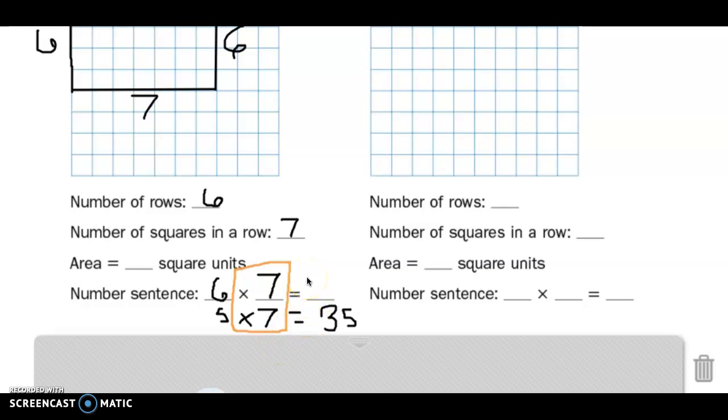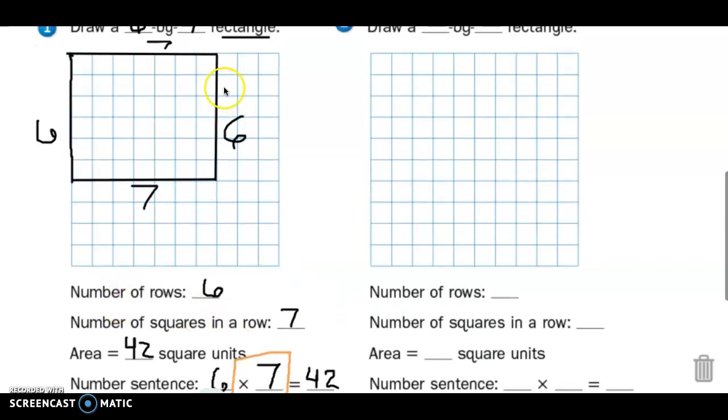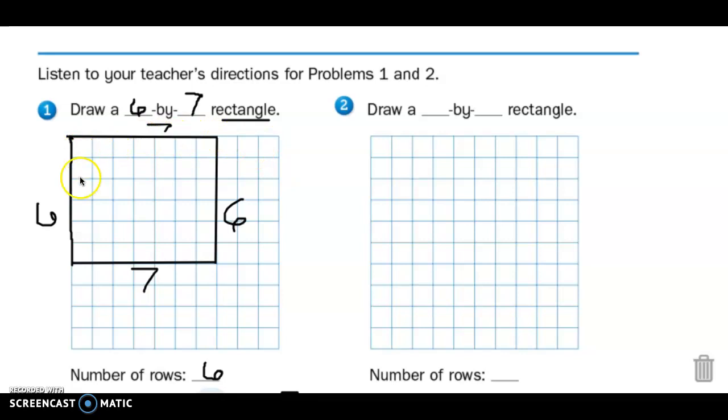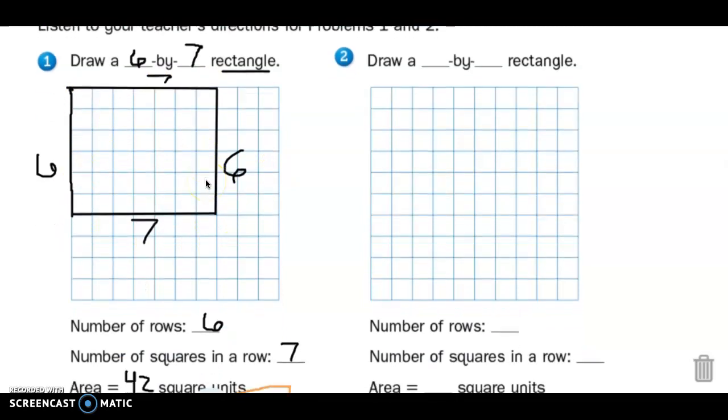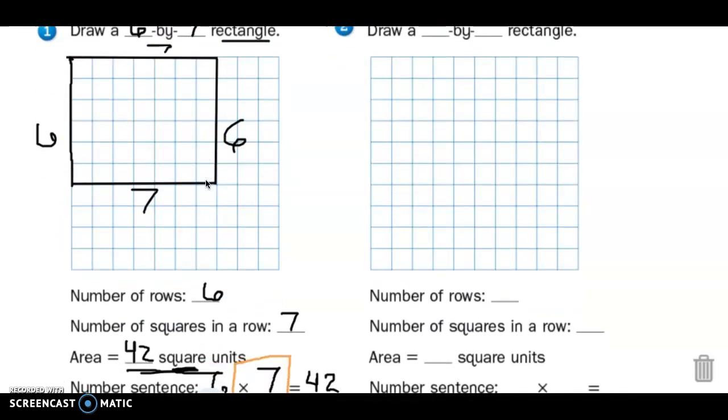So 35 plus 5 is 40, add 2 more, 42. You have to make sure you fill in both spots. The area of my rectangle is 42 square units because 42 of these squares cover the whole inside of our rectangle. Awesome. I want you guys to try number 2 all by yourself.